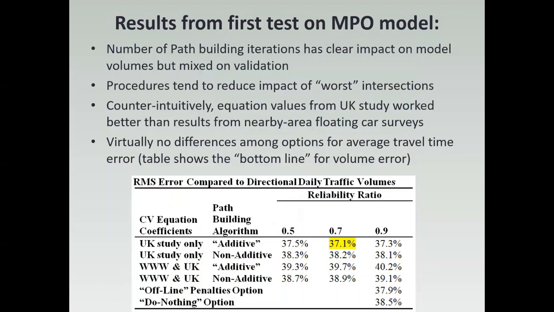And this is the summary table for my first MPO model validation, where I tried to take, again, the reliability ratio, which method I'm using, and which data source really was used to develop the coefficient of variation equations, and just determine by trial and error which one seems to match the traffic counts and the travel time data the best.